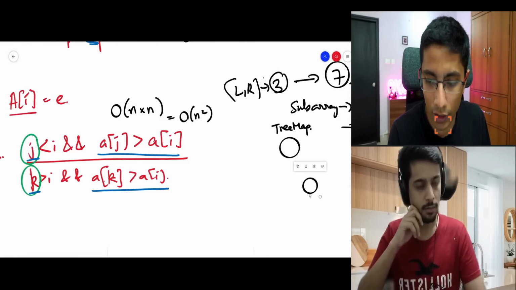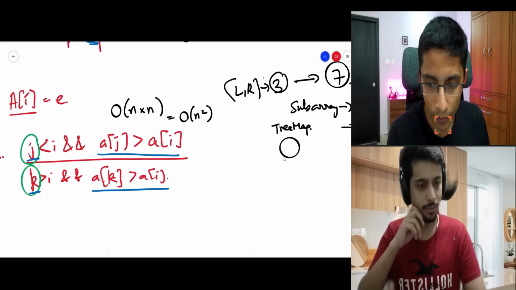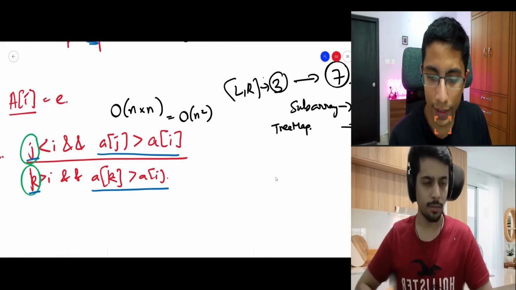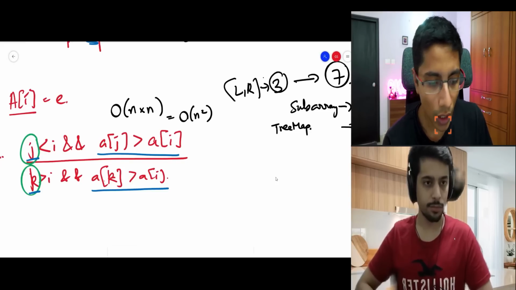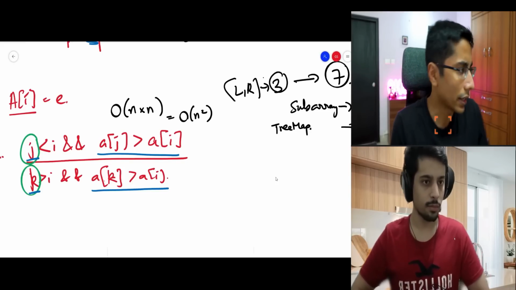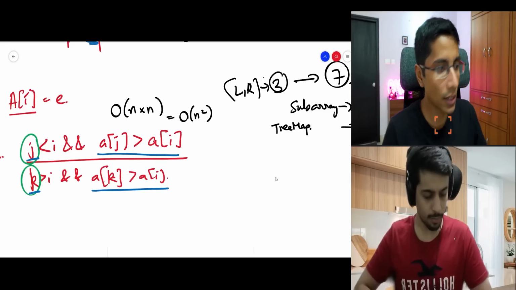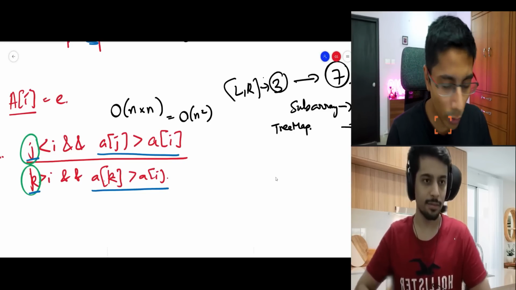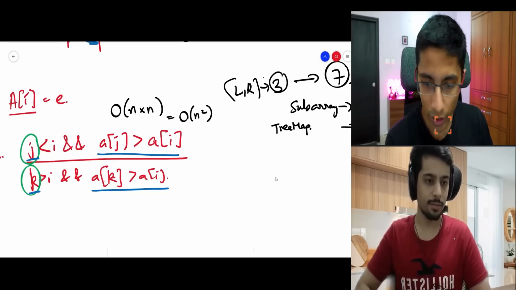I start with the largest element. First I take 7, which is the largest element. I find there's nothing to do, because this is the largest element for everything, so I do nothing. Second largest element, in our case 5.